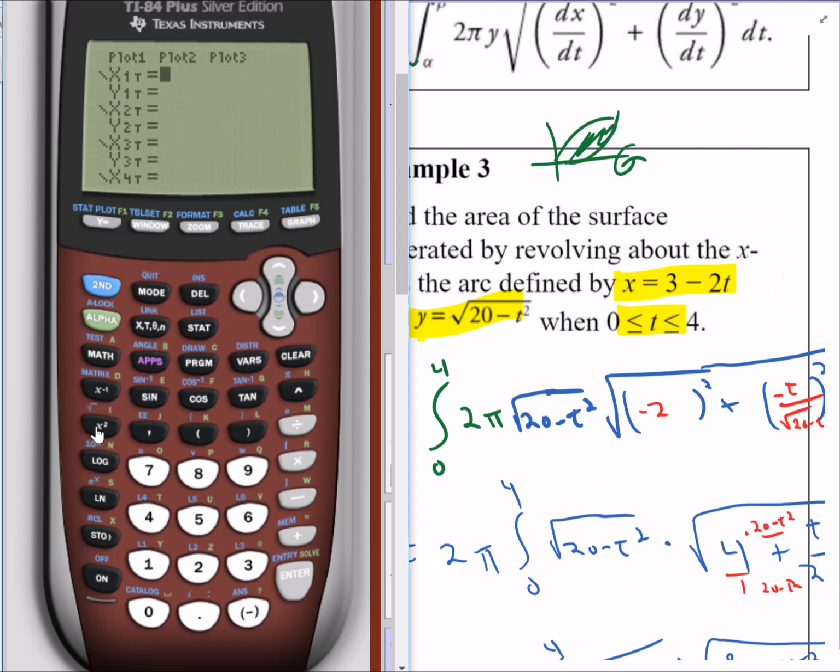So let's go and just graph these real quick. 3 minus 2t, and then here we're going to do square root of 20 minus t squared, and if we graph it, we're going to need to zoom out. So it's basically taking that region, rotating it around the x-axis, and we just found the volume of that.